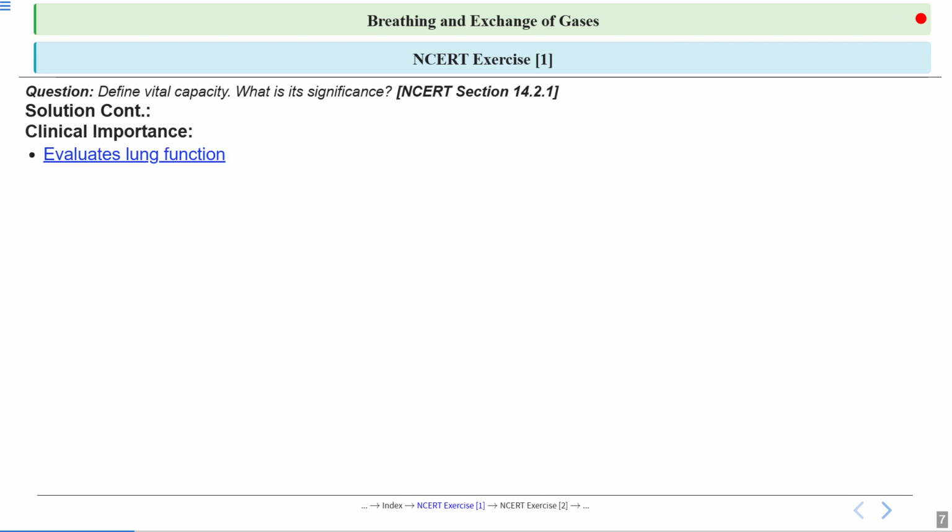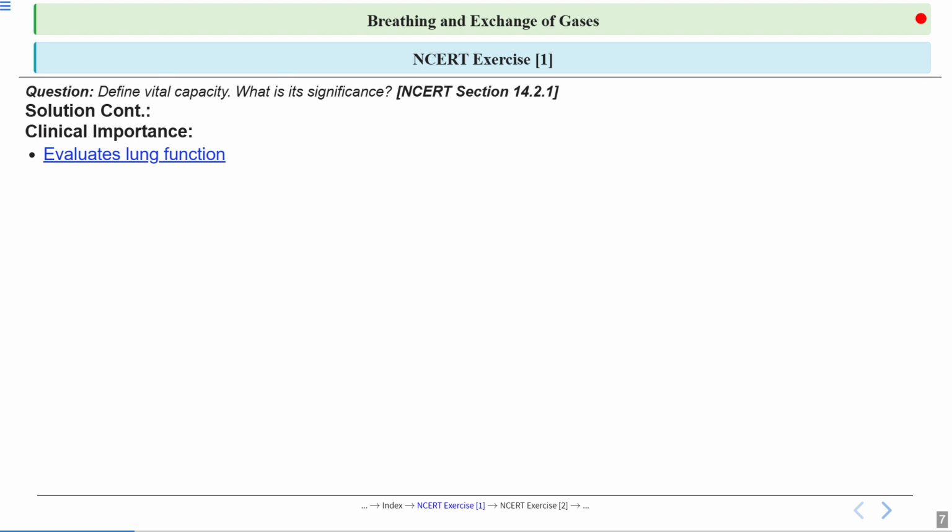Now, clinical importance, how it is important to us: it evaluates the lung function, how functional your lung is or not. It gives an idea of that. When you go for a clinical diagnosis test related to lung function, if this vital capacity is measured and it is not in the range of 4 to 4.6 liters in an adult, then it is considered that there is some problem related to the lungs.